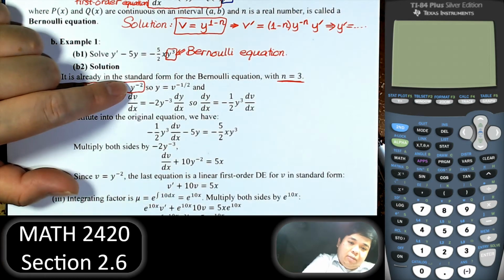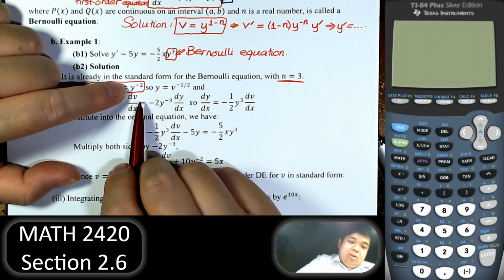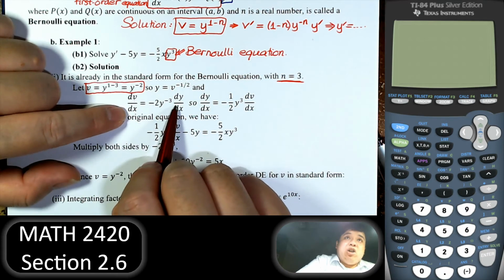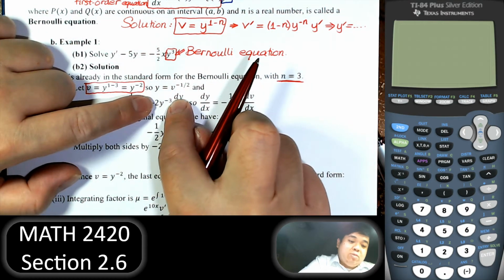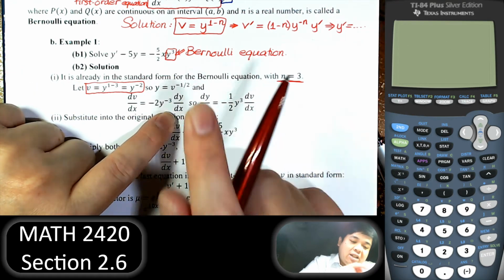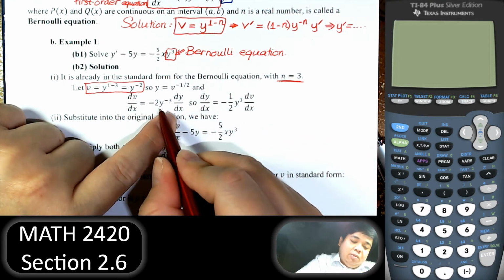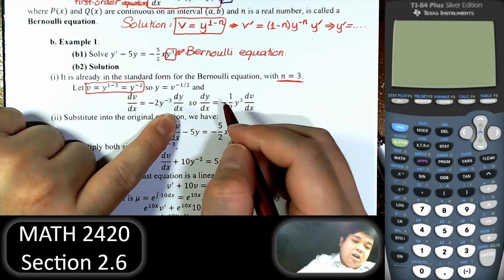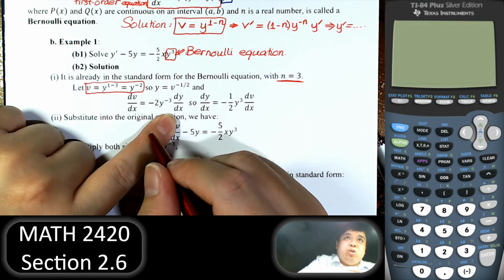So derivative by the chain rule, we take the derivative with respect to y, and then we have dy over dx. And now to solve for dy over dx, divide by negative 2 on this side, and divide by the y to negative 3 on the other side.